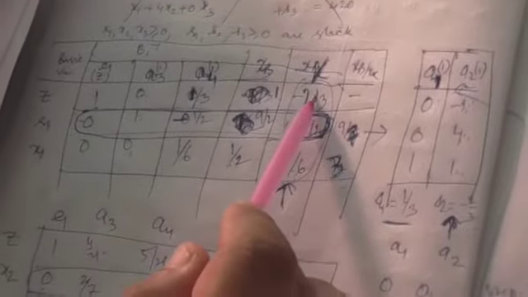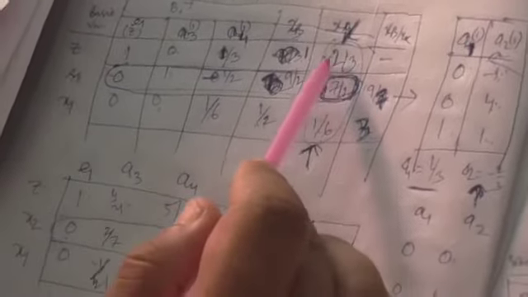Say what will be, this is 0 minus 2 by 3, minus 2 by 3 into 1 by 7 by 2 will become 4 by 21.